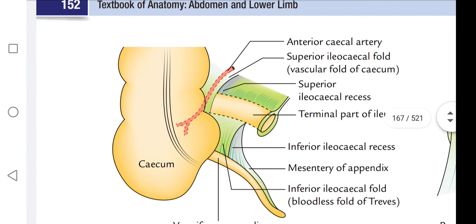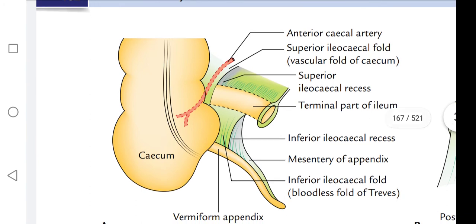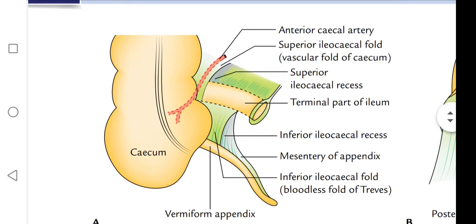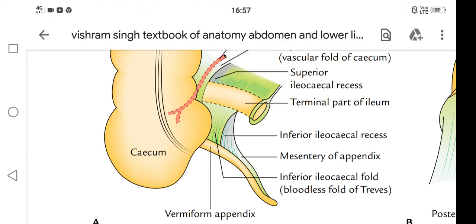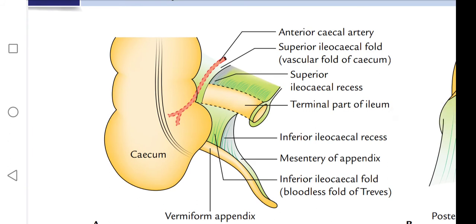This one is the anterior cecal artery, the red one, on the anterior side. This one is the posterior cecal fold, and just below it the superior ileocecal recess, and this is the terminal part of the ileum.